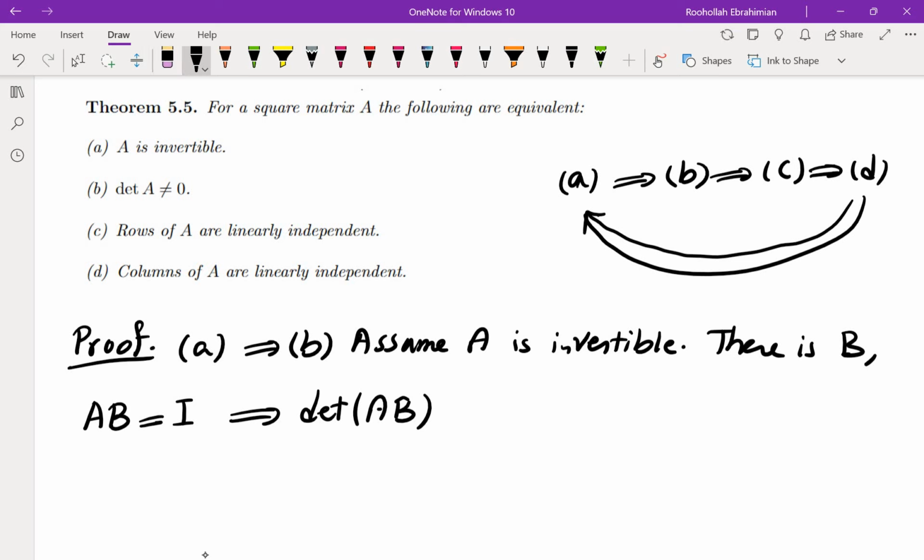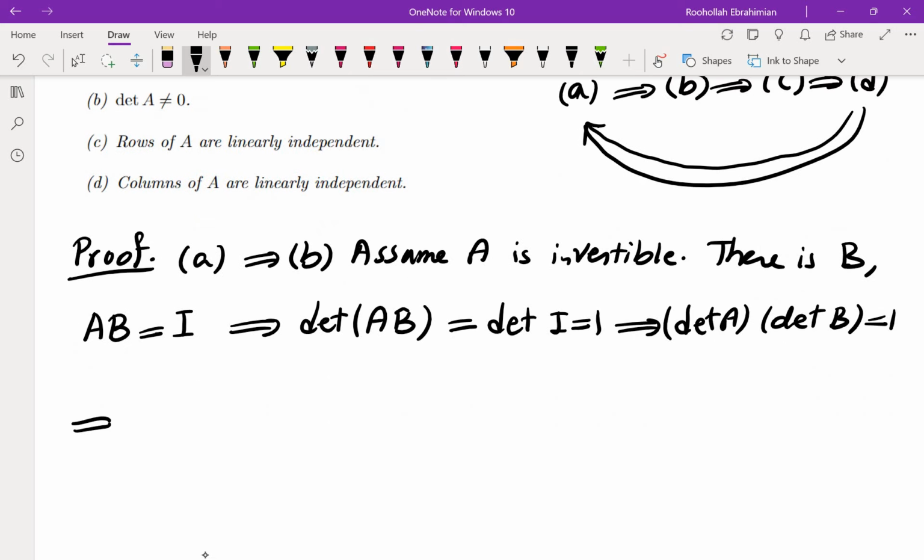That's the definition of invertible. Taking the determinant of both sides, the determinant of AB equals the determinant of identity, which is 1. So the determinant of A times the determinant of B is 1. But if the product of two things is 1, neither of them is 0. So the determinant of A cannot be 0.